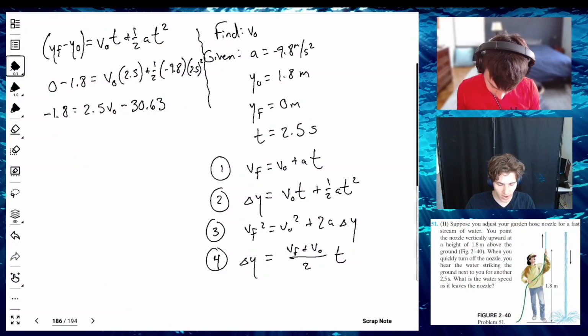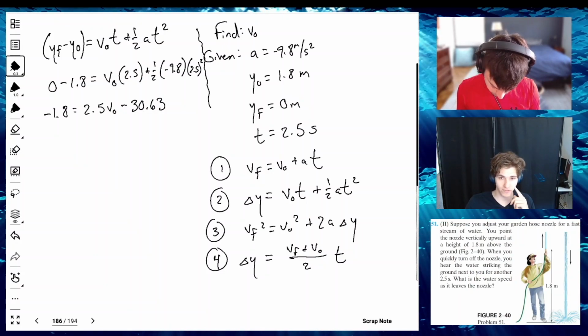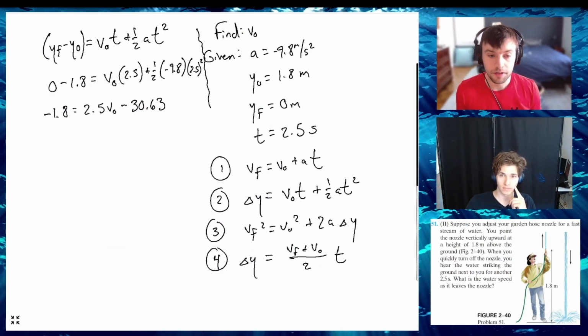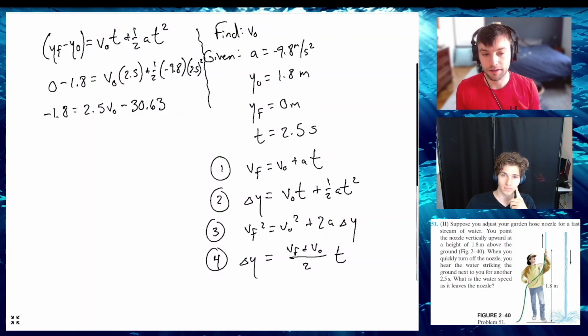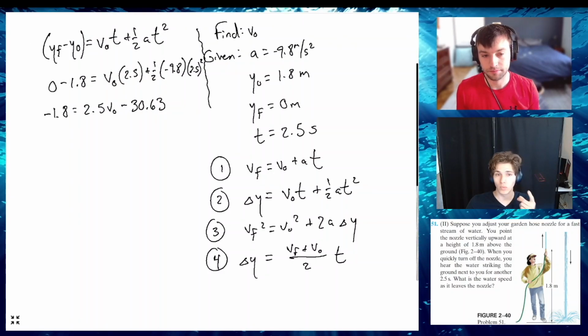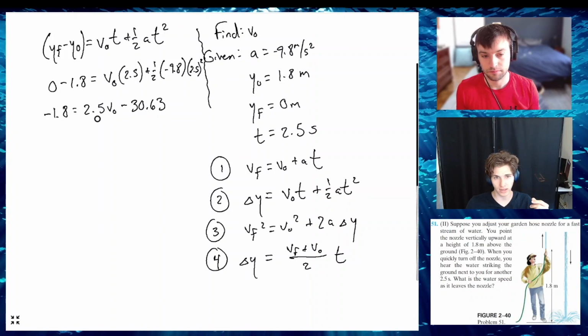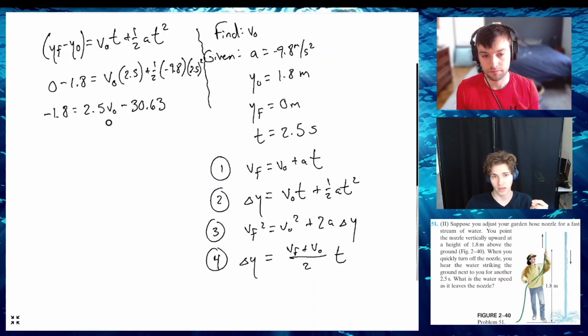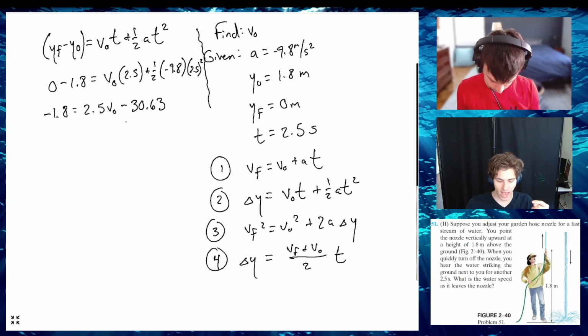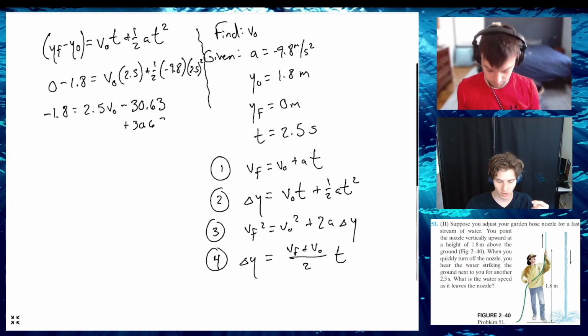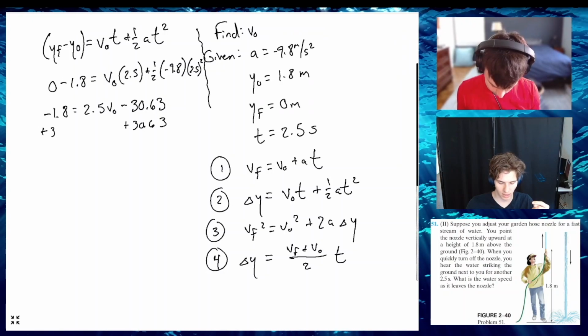Perfect. Now, how should we do the algebra from here? From here, could we divide each side by 2.5? We could, but we'd have to divide 1.8, 30.63, and this by 2.5. So I think if first we add 30.63 to both sides, it's going to simplify things a lot more.